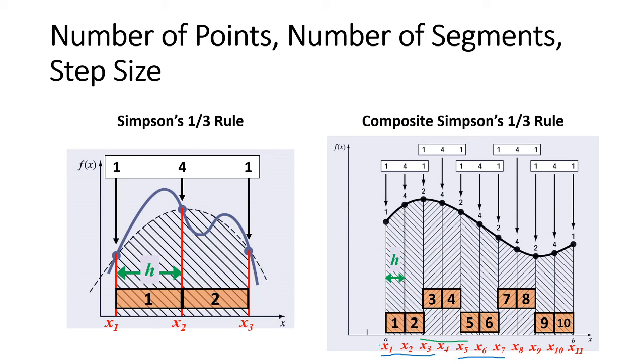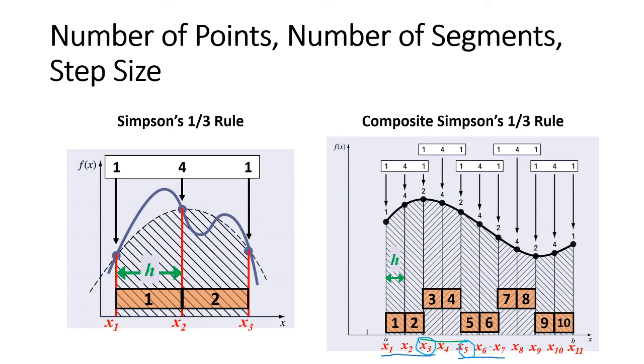So what I would like to highlight is that applying Simpson's one-third rule one time requires 3 points. Applying it 2 times doesn't double the number of points because, as we can see here, x3 is used in both the first application and the second application. Same thing, between the second application and the third application, they both use the point x5. So this is something to take note.